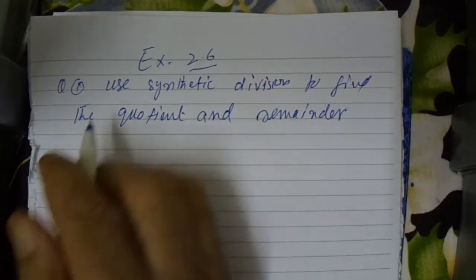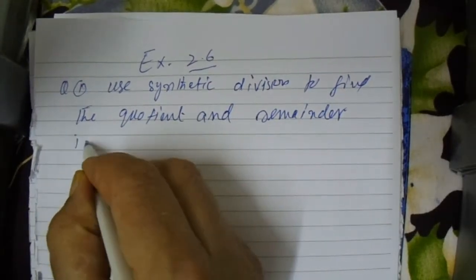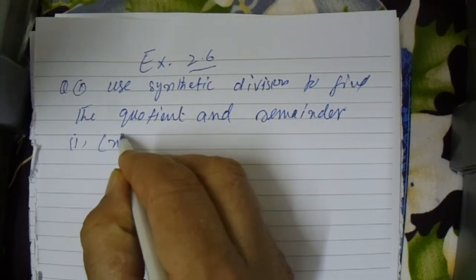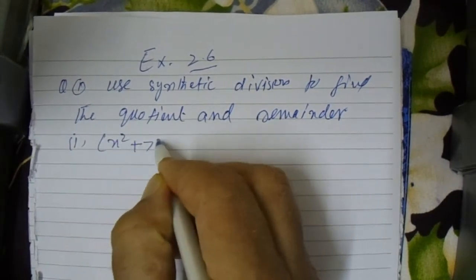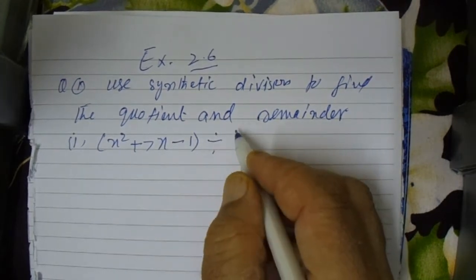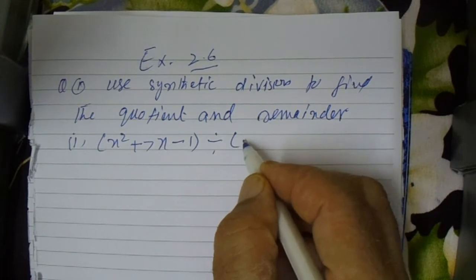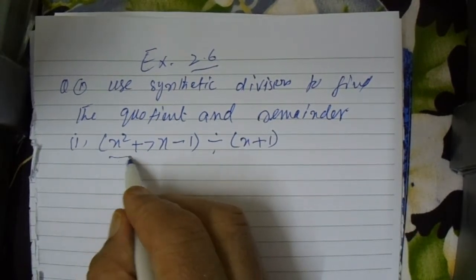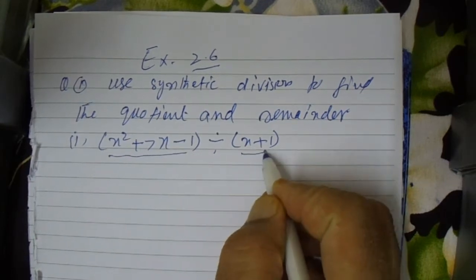The first part of the first question is x square plus 7x minus 1 divided by x plus 1. Now this is our dividend, this is our divisor.